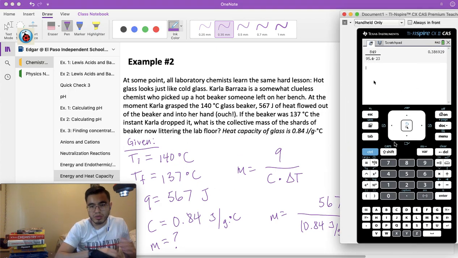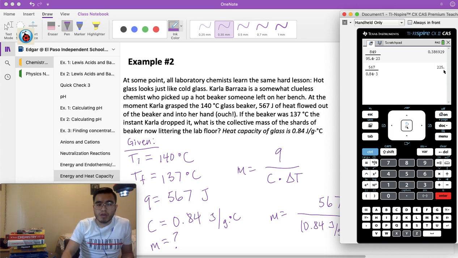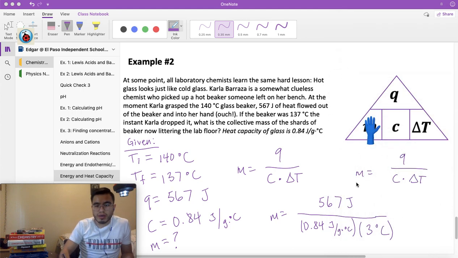So let's do it over here. That is 567 divided by parentheses 0.84 times 3 close parentheses, 225. That would be grams, okay? 225. So let me show you how we get grams. Joules cancels joules.